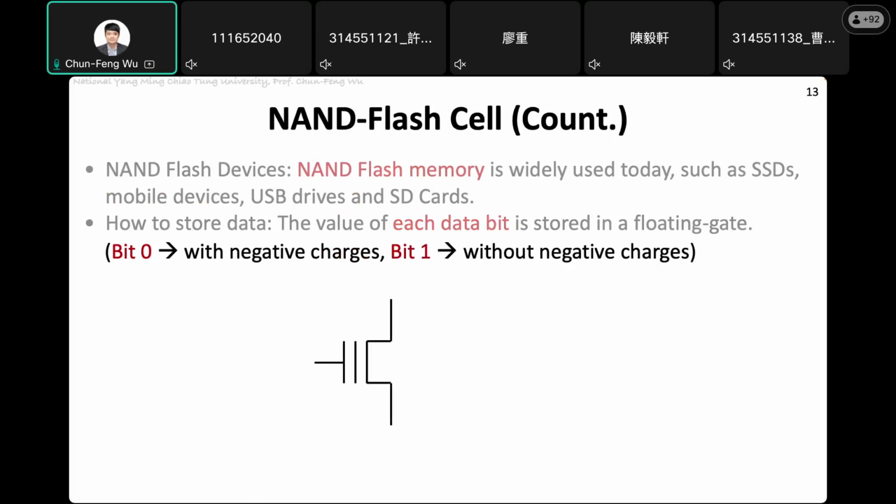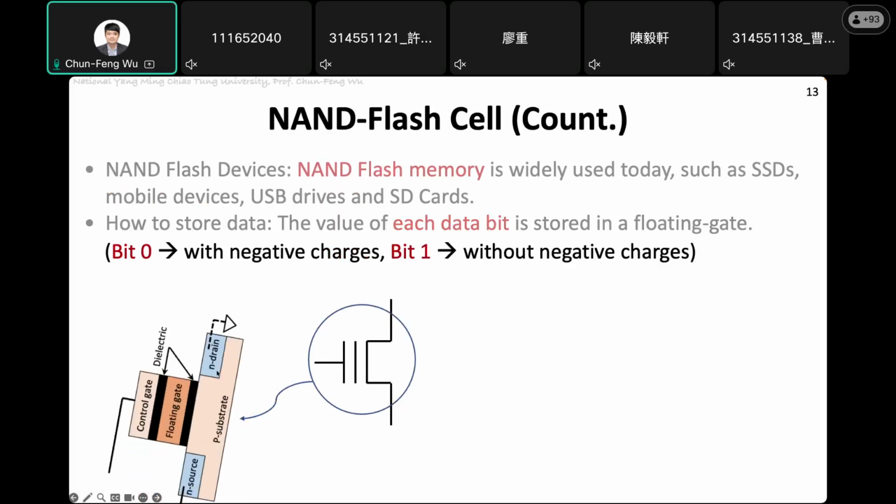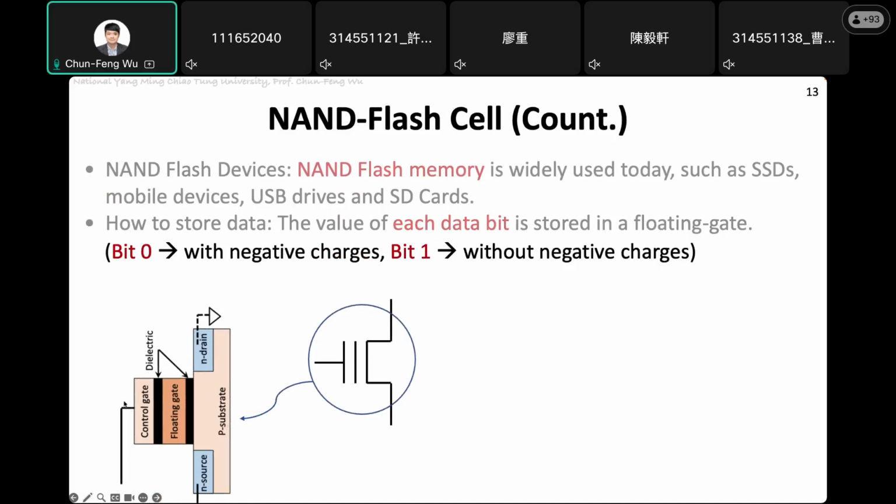Okay, so we give you a mapping. This is the floating gate that you saw in the prior slides, and this is what you usually will see later. This is a memory cell, so it will be like this. We rotate it minus 90 degrees, so control gate and P-substrate. This is the control gate, and this is the P-substrate.